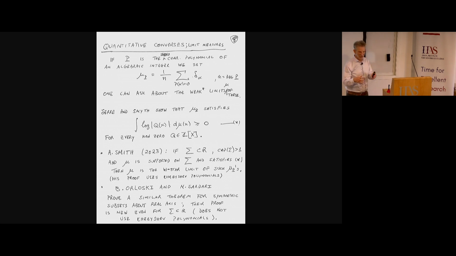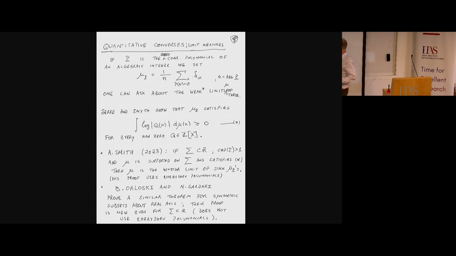So the set version of what spectral sets are for zeros of Weil numbers or zeros of zeta functions of abelian varieties, you could ask, well, make the probability measure, which is the sum over the zeros of the minimal polynomial, 1 over n, you've got a probability measure, and you can ask, what are the weak limits there?